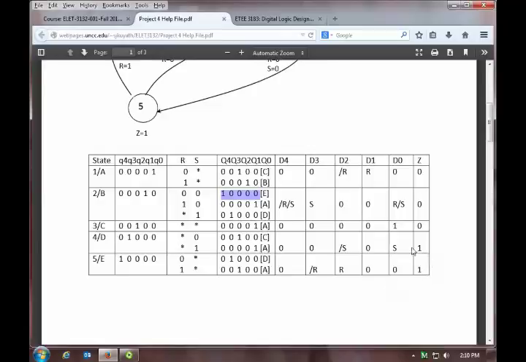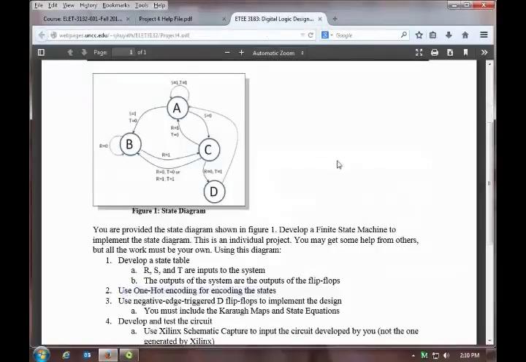So instead of the output being 1 for Z, the output is 1, 0, 0, 0, 0 in this case, or 0, 1, 0, 0, 0 in this case. We don't have a Z. These are our outputs. Okay, so you don't really have any outputs to worry about. You just go to those states.